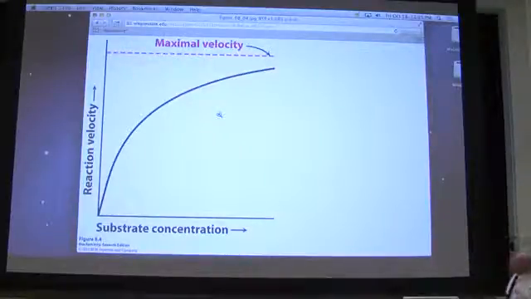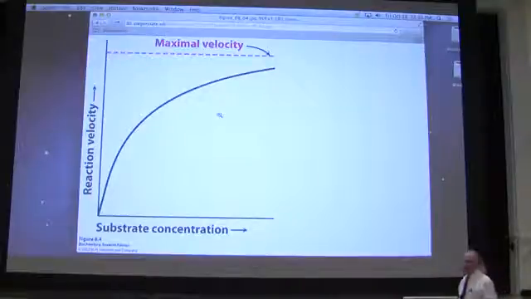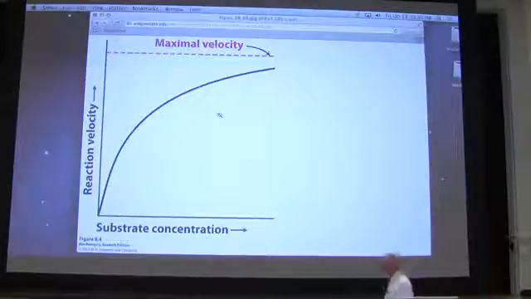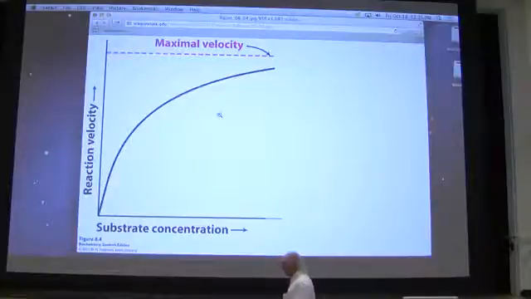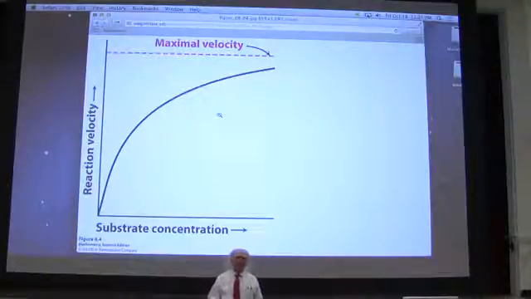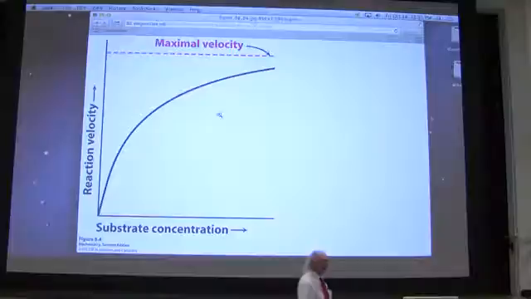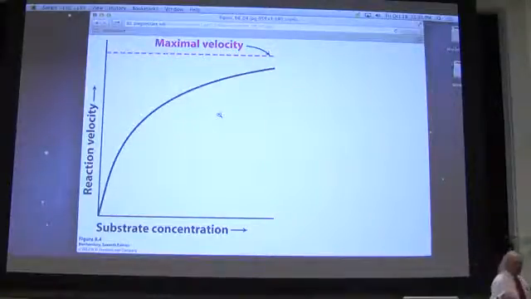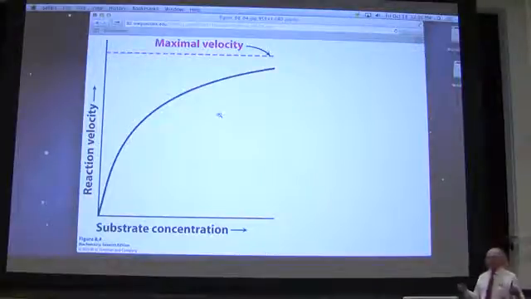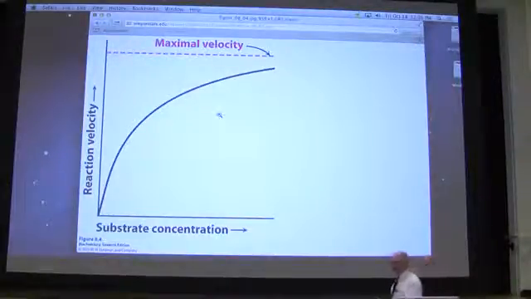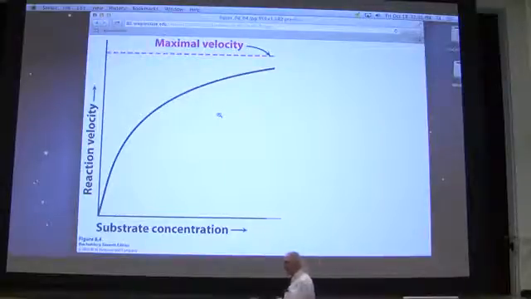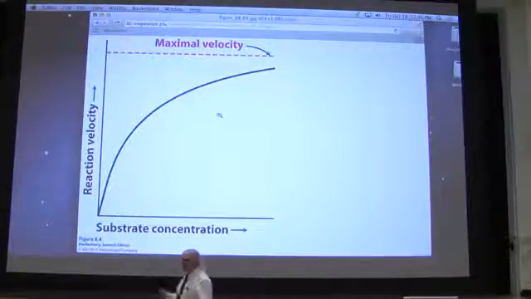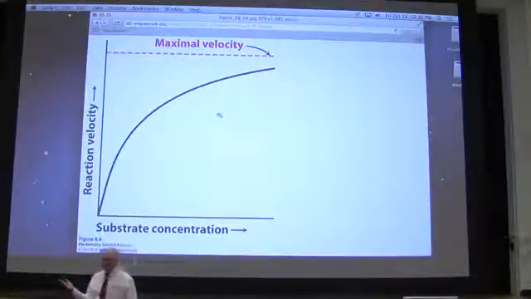Well, you see there's something on this graph that says maximum velocity. It says that this is going to reach a maximum and then it's not going to go any faster. Why is that? Well, I like to compare enzymes to factories. A factory that makes automobiles takes substrates, which are just simply parts for assembling a car, and workers work on assembling those automobiles, and when they're done, they have a finished product, an automobile.